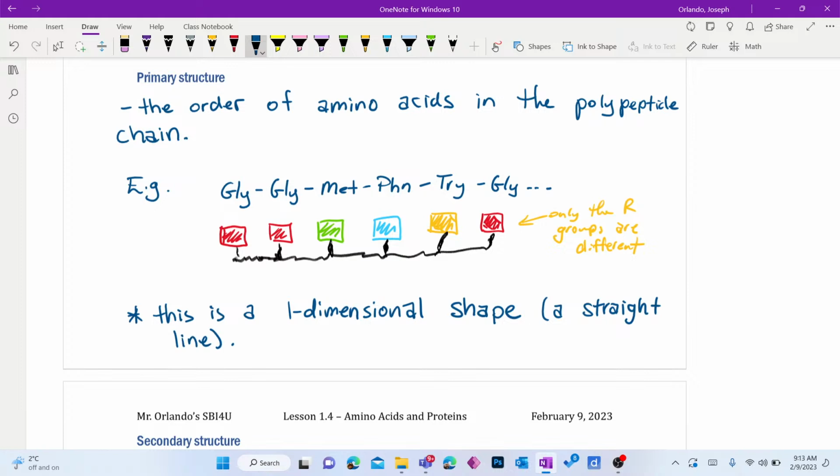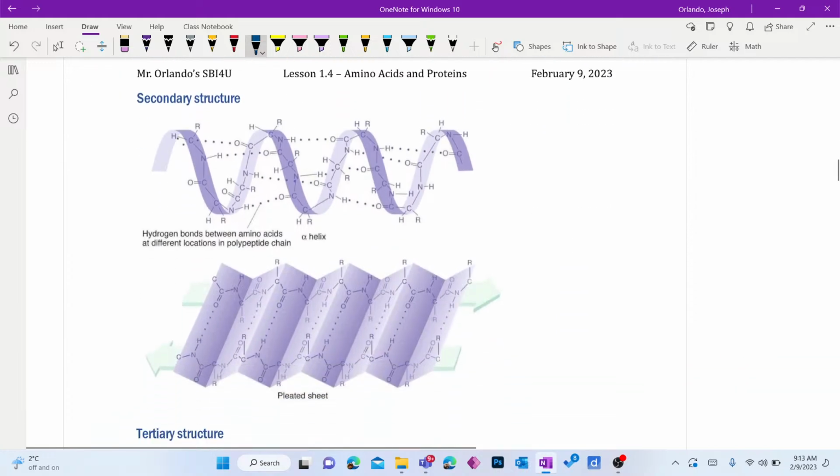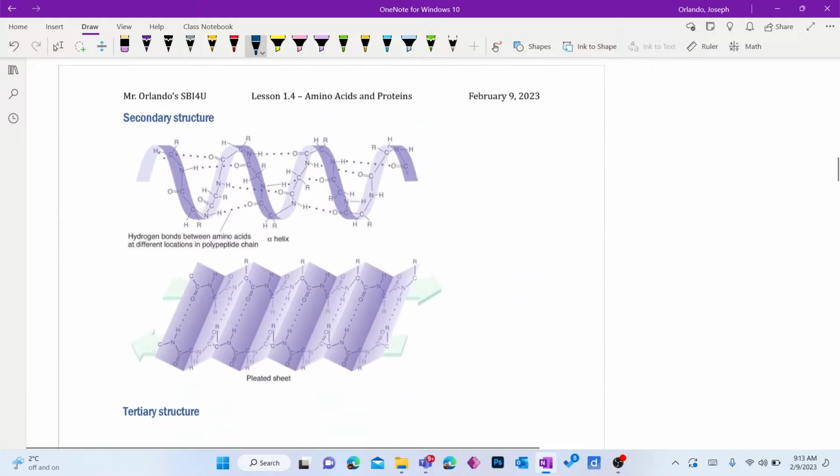And building a protein is taking that one-dimensional shape and turning it into a 3-dimensional shape. So how's that happen? Well, I'm glad you asked. Did it say a straight line? Yep.